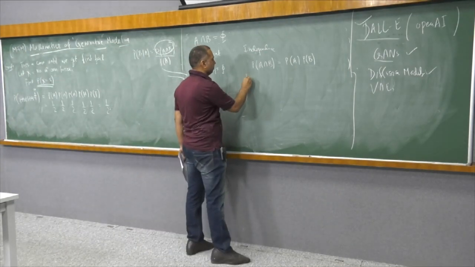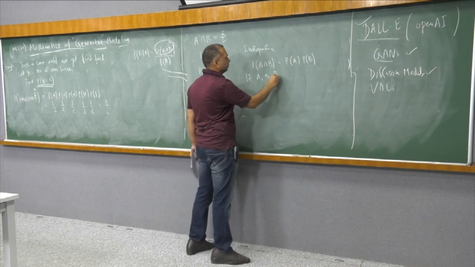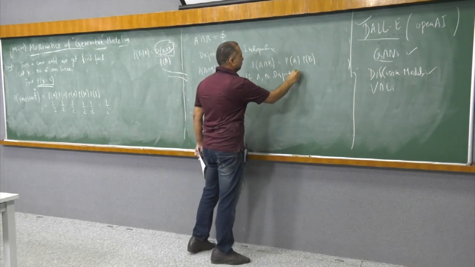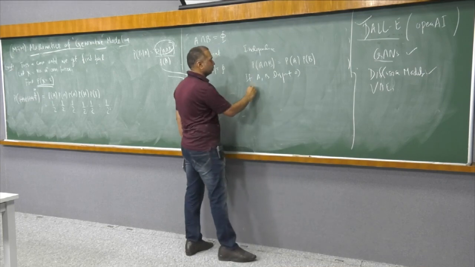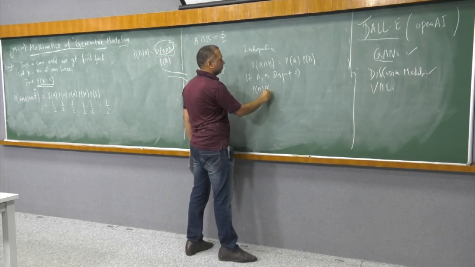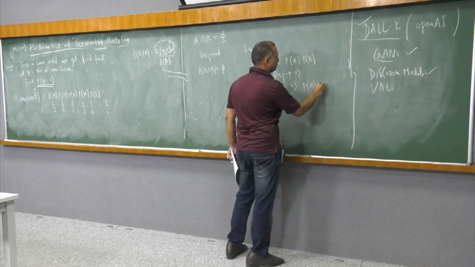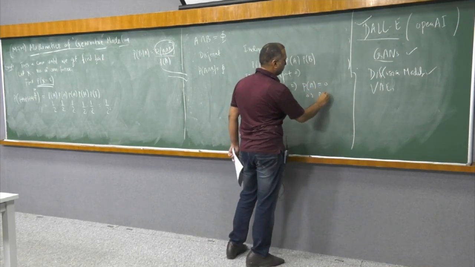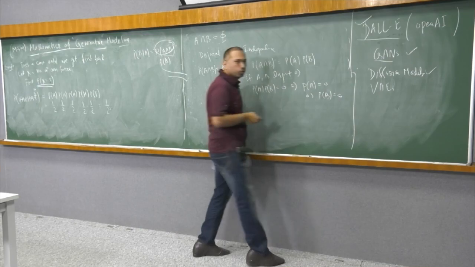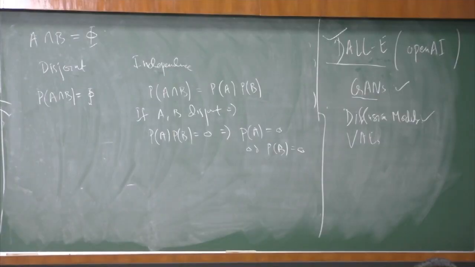This necessarily implies that the probability of A times the probability of B is 0. So one of them must be 0, not necessarily both, but these are the implications we have.